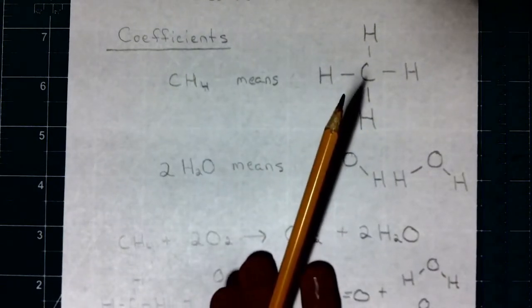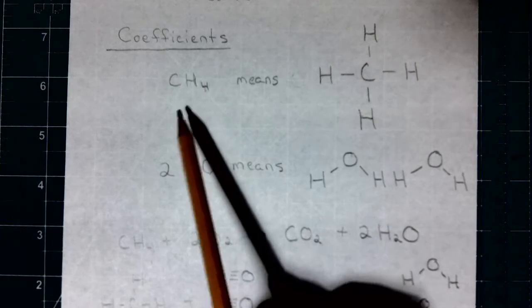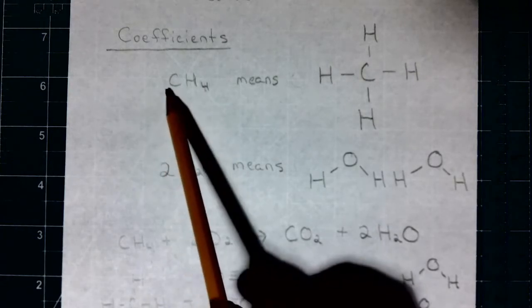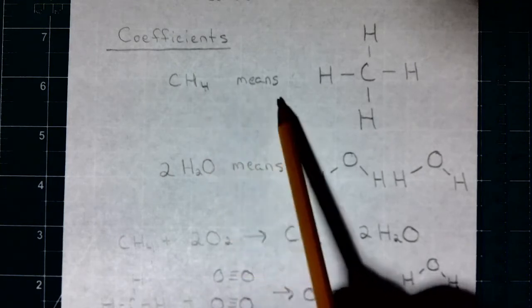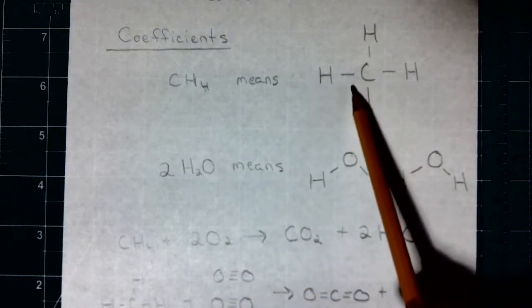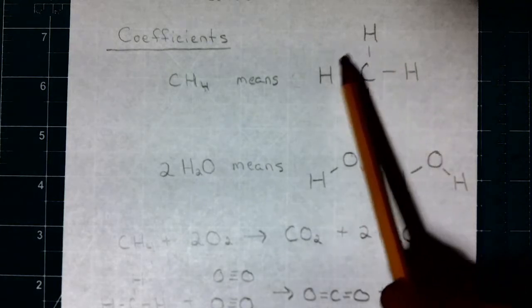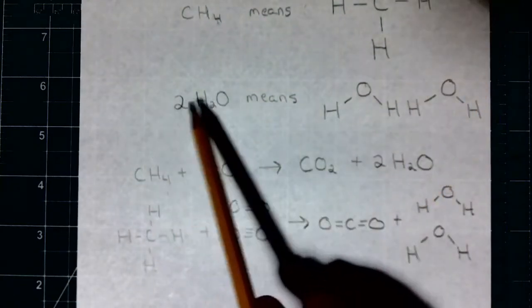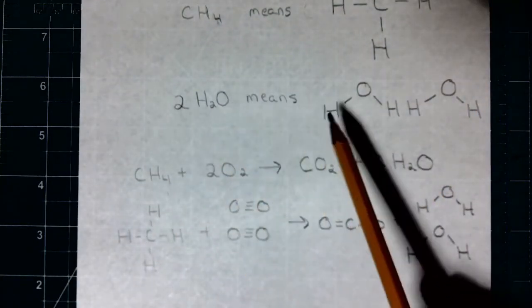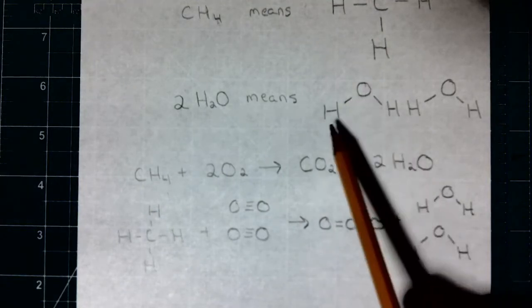And I want to make a distinction between subscripts and coefficients. So when I write CH4, with a subscripted 4, this means that I have a carbon and it's bonded to 4 different hydrogens. Now when I write H2O, I mean that I have an oxygen that is bound to 2 hydrogens.